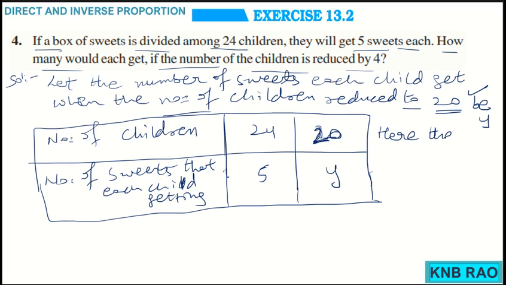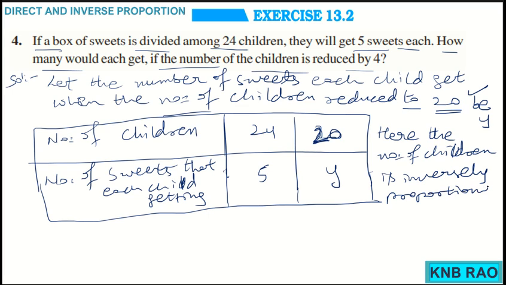Here the number of children is inversely proportional to the number of sweets that each gets.